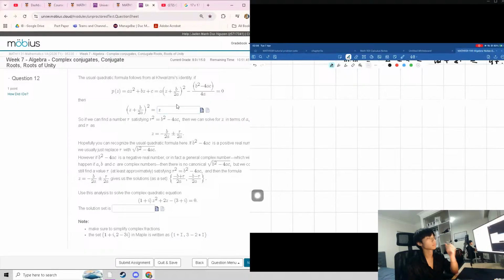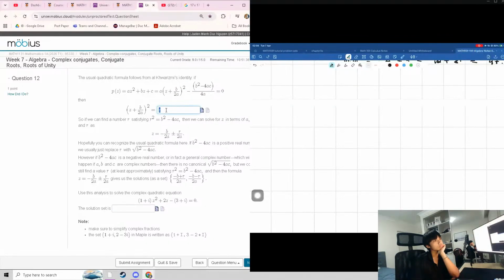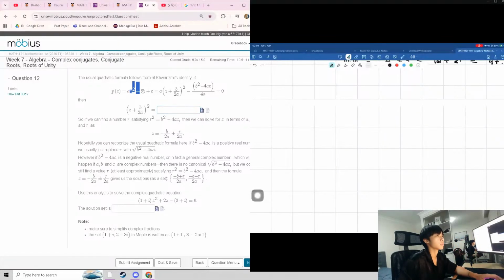Z. Then it's this number. It's not R, right? So it's this number.